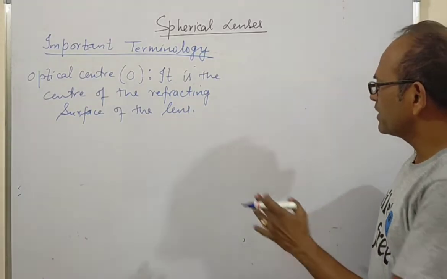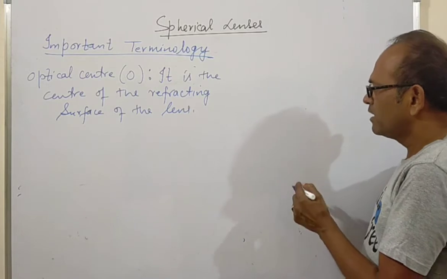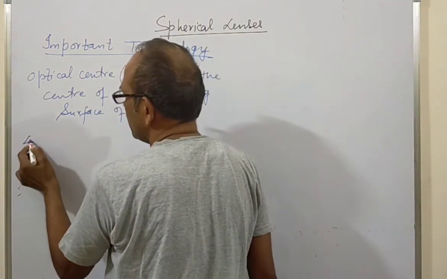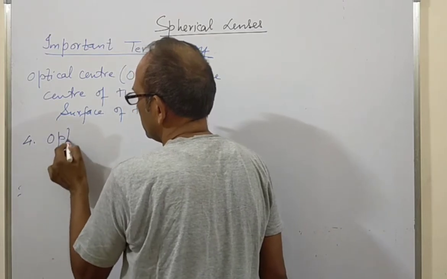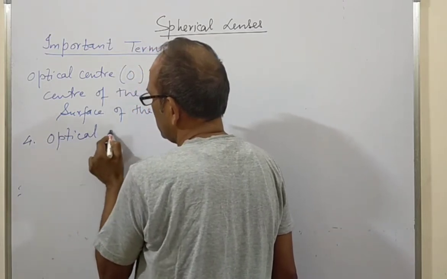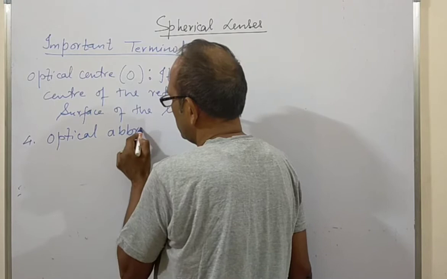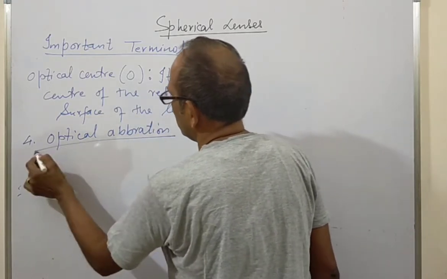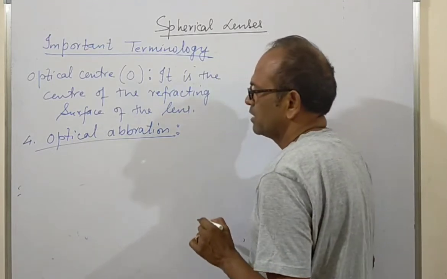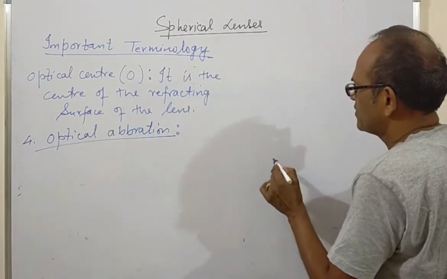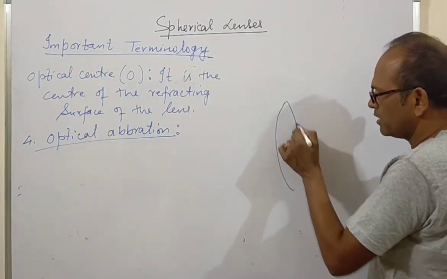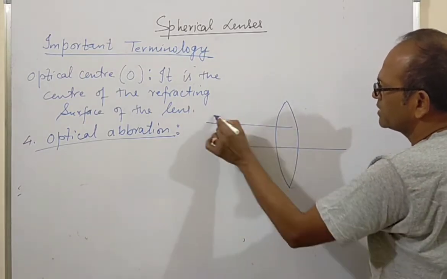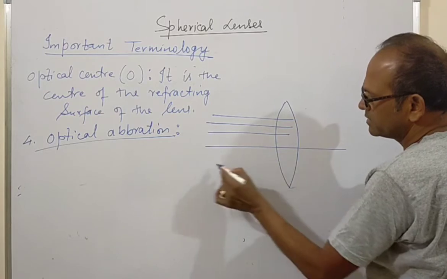Okay, so when several rays of light are incident, then what may happen? For example, I take one convex lens, and several rays of light are incident like this.